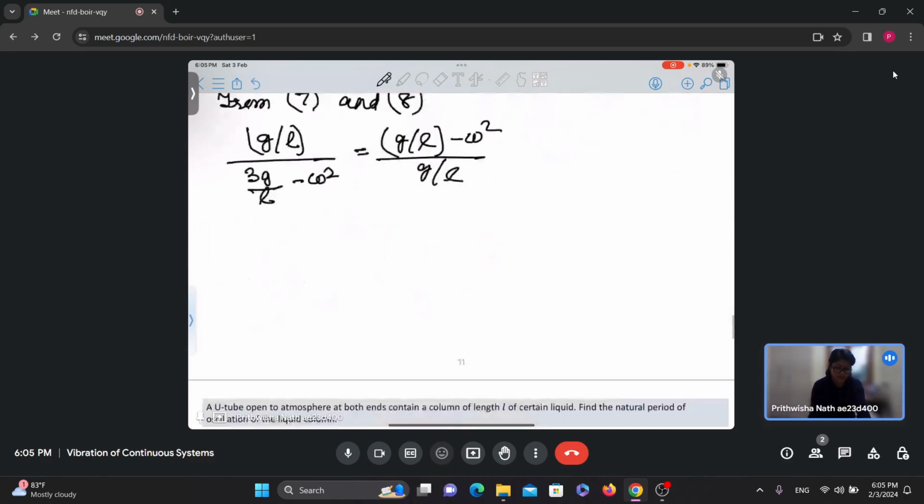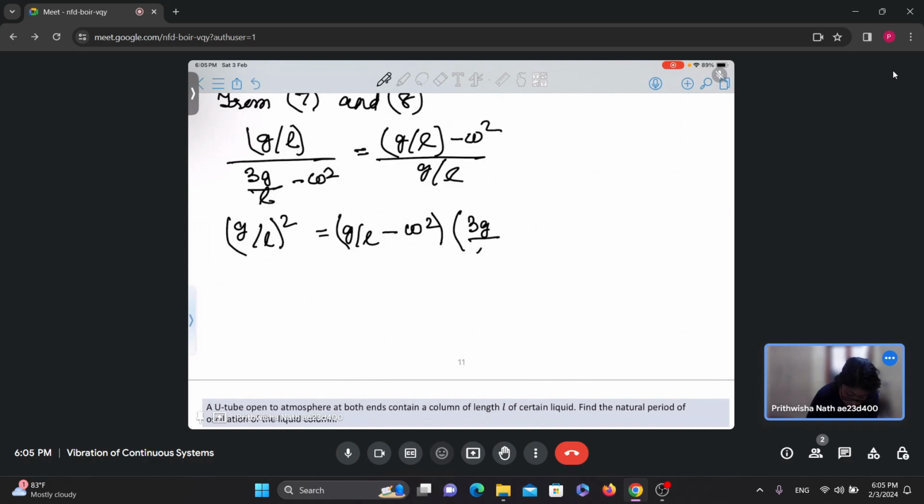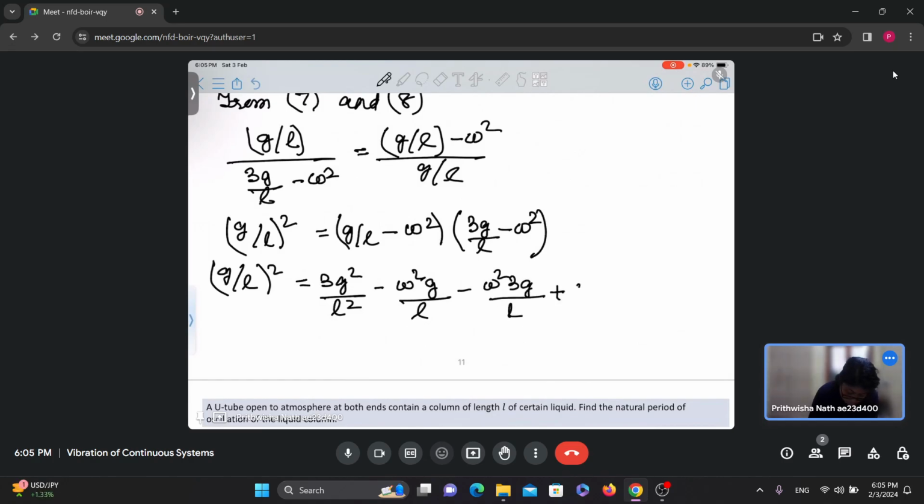So if we expand this and rearrange the equation, it becomes omega to the power 4 minus 4 omega square g by L plus 2g square by L square equals 0.